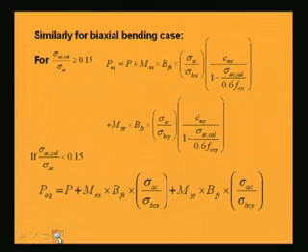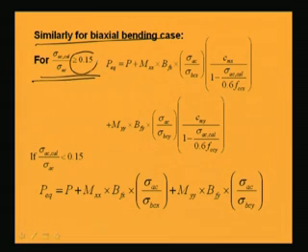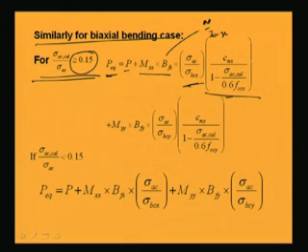Now for biaxial moment, what will happen? For biaxial bending moment, both cases will come. If the ratio of sigma AC calculated by sigma AC becomes greater than 0.15, the equivalent load will become P plus MXX into BFX, where BFX is A by ZX, into sigma AC by sigma BCX into CMX by 1 minus sigma AC calculated by 0.6 FCCX.